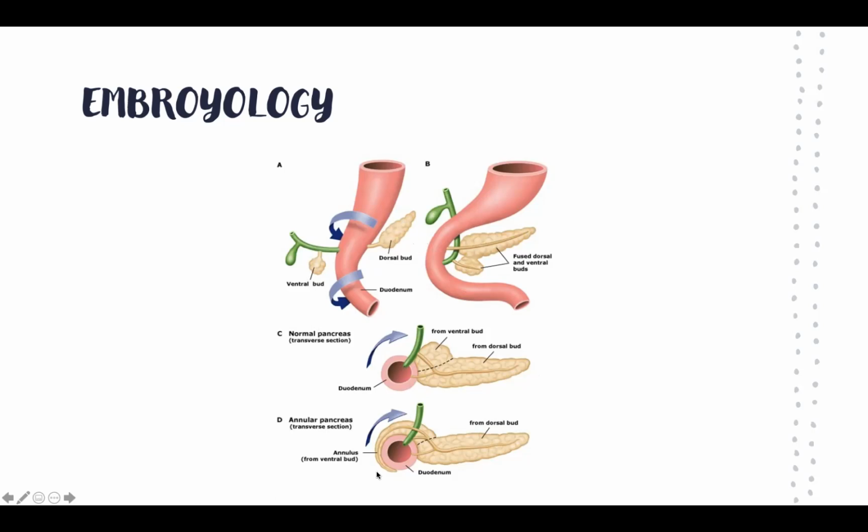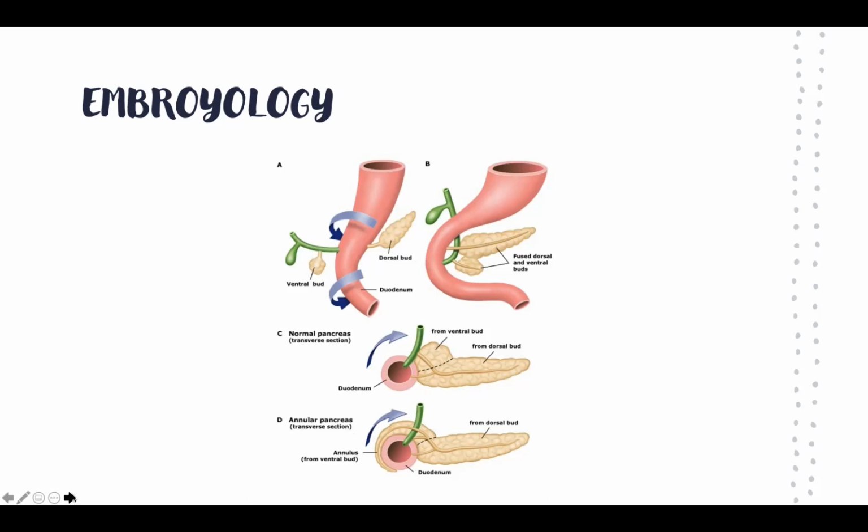When it fails to fuse properly, and has a ring-like structure, it's called an annular pancreas. This is a rare condition, and it can present with symptoms of pancreatitis or even incomplete bowel obstruction due to its obstruction of the duodenum. And usually surgical correction is required.